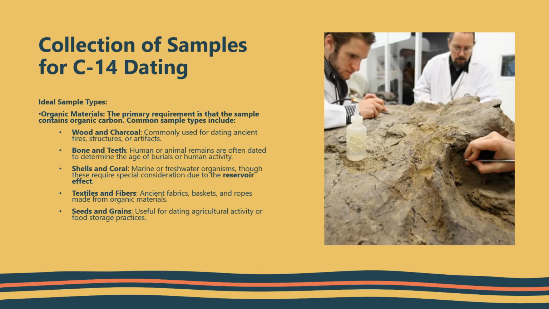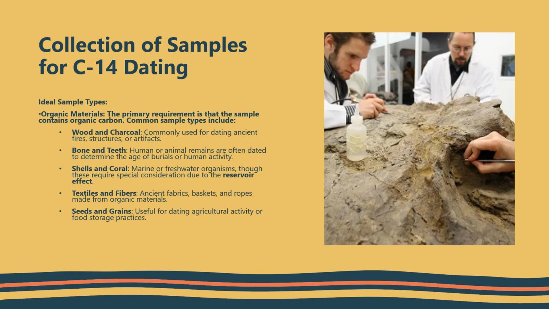When archaeologists collect samples in the field, they take extreme care to prevent contamination by wearing gloves, and sterilized tools are often used to handle the sample, which is stored and sealed in containers. Not only this, recording the sample's exact location is also critical to ensure we understand its context within the site. Samples are often carefully stored and transported to the lab, where they are processed for dating.